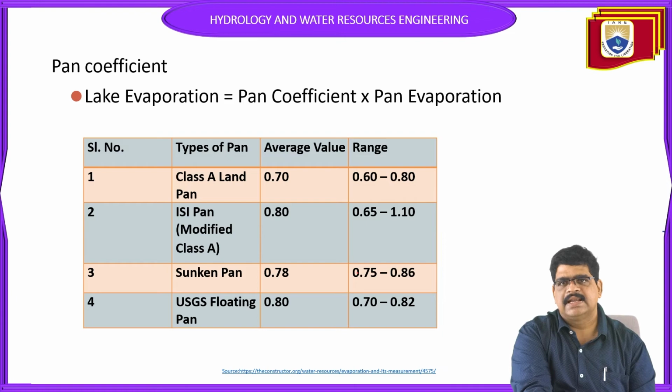The third one, the sunken pan, is equal to 0.78, with a range of 0.75 to 0.86, and the USGS floating pan is equal to 0.80, with a range of 0.70 to 0.80. These are the ranges of pan coefficient values for the four types of pans we have discussed.